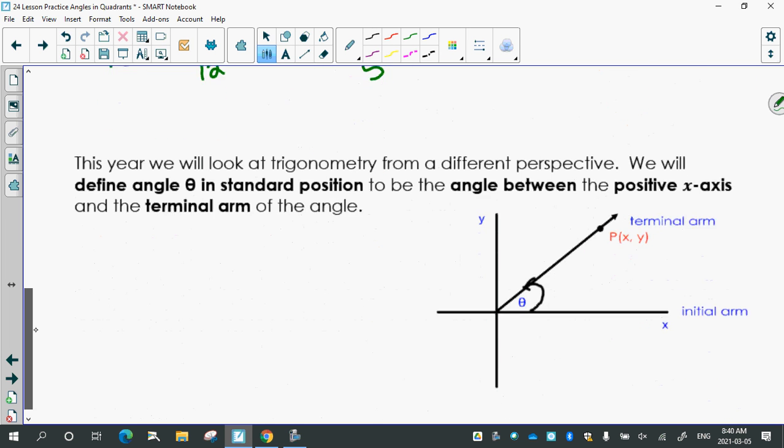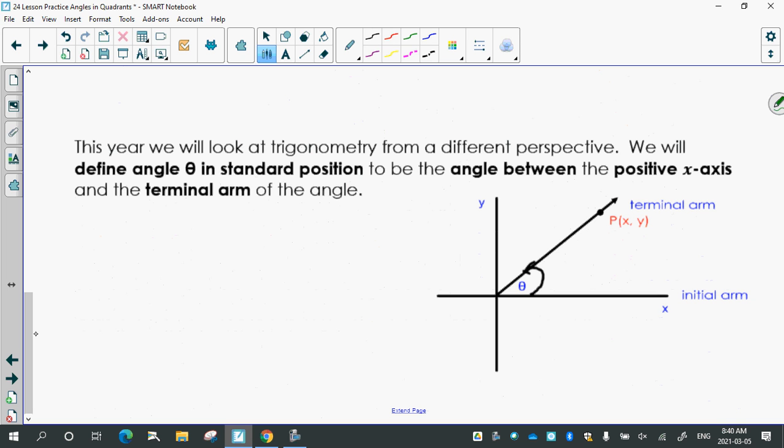This year, we will look at trigonometry from a different perspective. We'll define angle theta in standard position to be the angle between the positive x-axis. So now we're putting it on an xy axis. So angle theta is always going to be the angle between the positive x-axis and what we call the terminal arm of the angle.